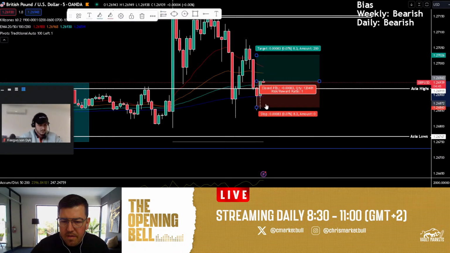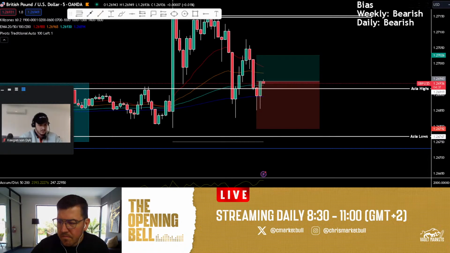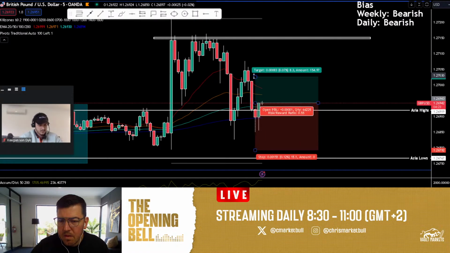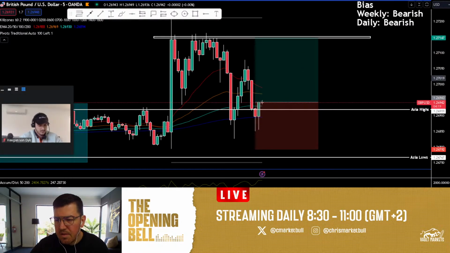Nice little engulfing candle, 15 pip stop, and I'm going to target the session highs. It's about a 16 pip move, stop is 15 pips. Let's see if we can retest the session highs.